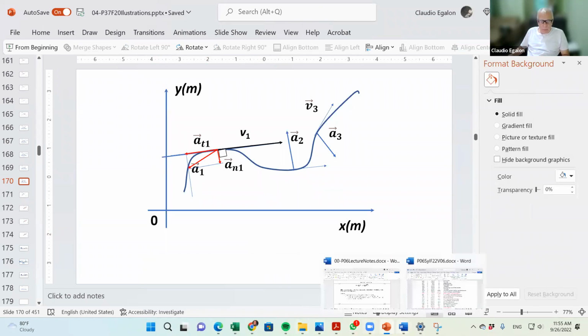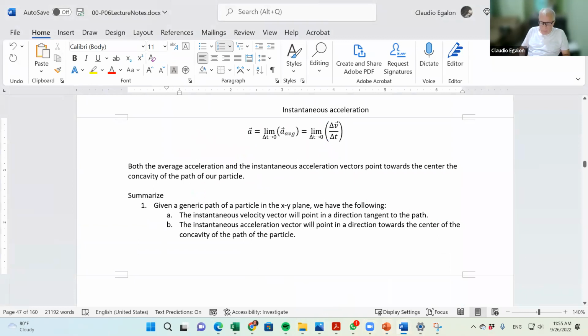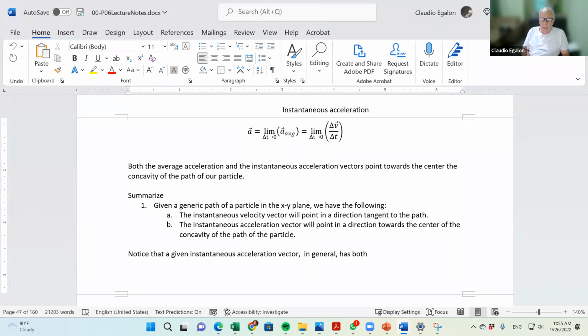Note C. I'm going to write that down here for you. Note that a given instantaneous acceleration vector may, in general, have a tangential component and a normal component.